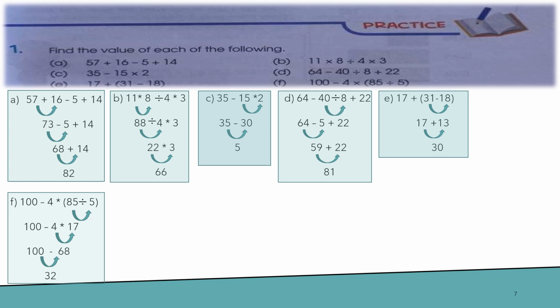So we have the expression 100 minus 4 multiplied by 17. Again, 4 multiplied by 17 is going to be solved first according to our rule. So here we have 68. Now we are going to solve 100 minus 68, which results in 32.